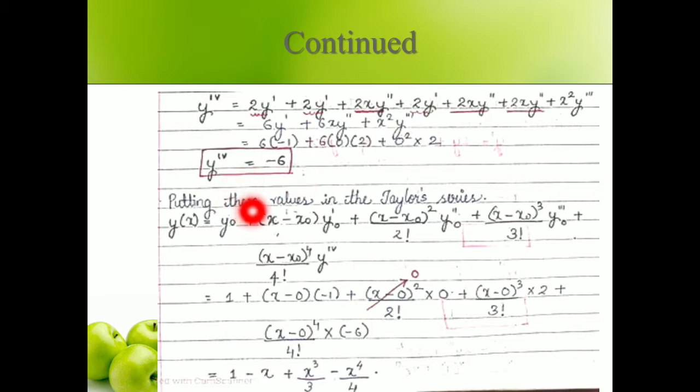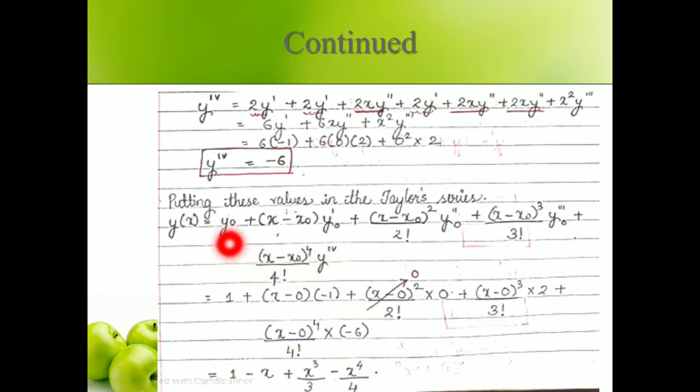Substituting y dash, y double dash, y triple dash, y to the power 4 in the Taylor series, we get y of x equal to y naught plus x minus x naught y dash naught plus x minus x naught the whole square divided by 2 factorial y double dash naught plus x minus x naught the whole cube divided by 3 factorial y triple dash plus x minus x naught the whole raised to 4 divided by 4 factorial y to the power 4.